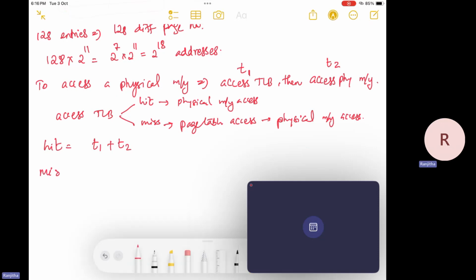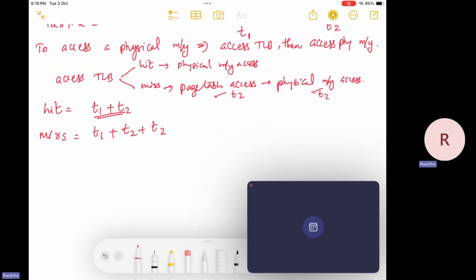Whereas in case of a miss, because we will be accessing the TLB first, it will be T1, plus we will be accessing the page table, T2, plus then we will be accessing the physical memory. Since both these are memory accesses, we are marking these as T2 and T2. So this is the effective memory access time in case of hit and miss.